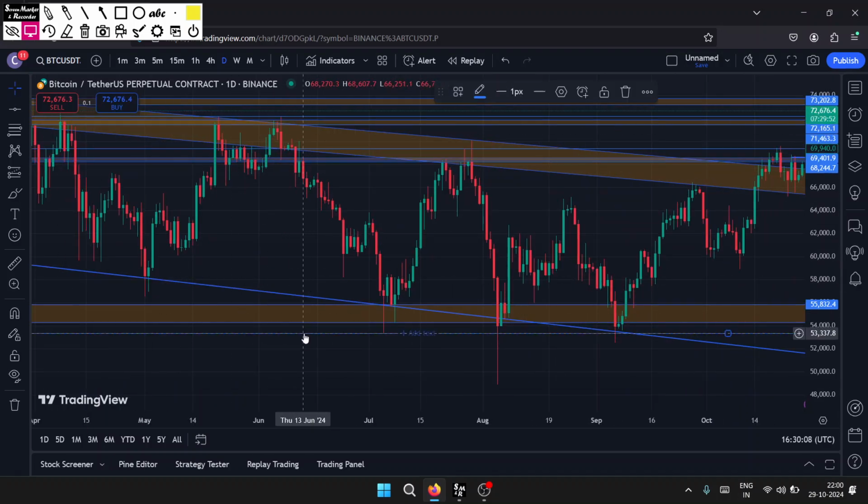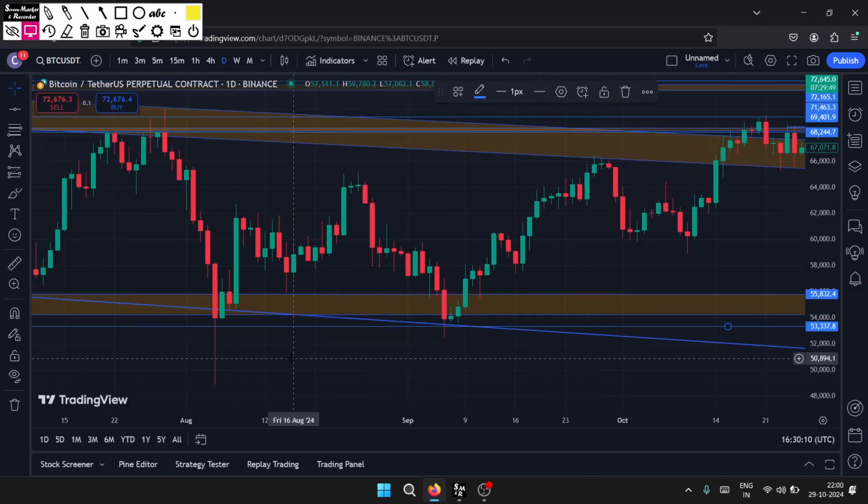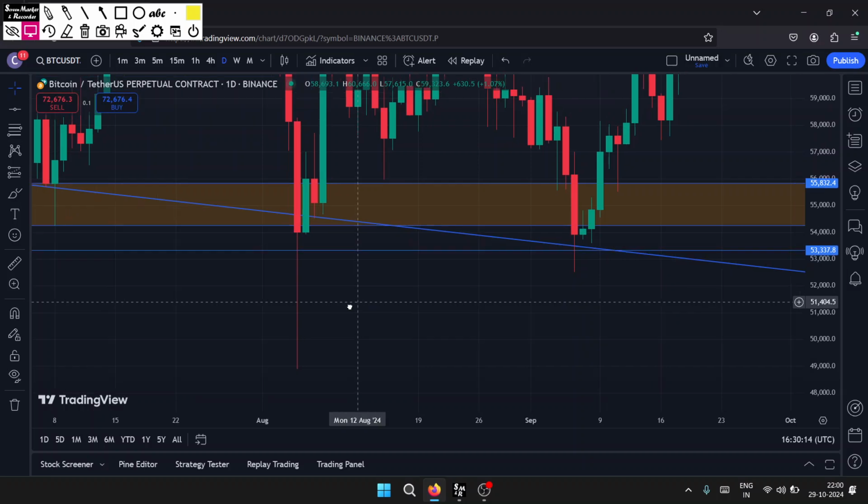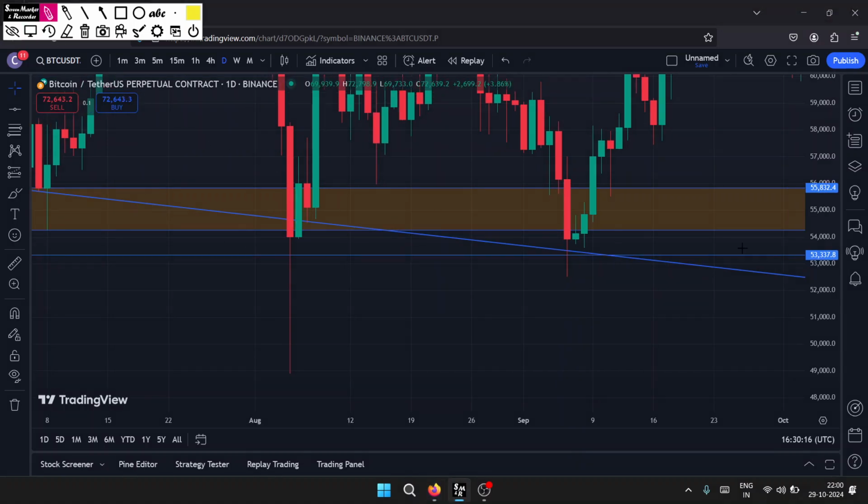Just draw like this, because I barely do this. So over here you can see. Okay, let me show you in real life. So can you see this round number? 54,000 is a round number, okay? This is a liquidity sweep, right? Why? Because price moved rapidly.